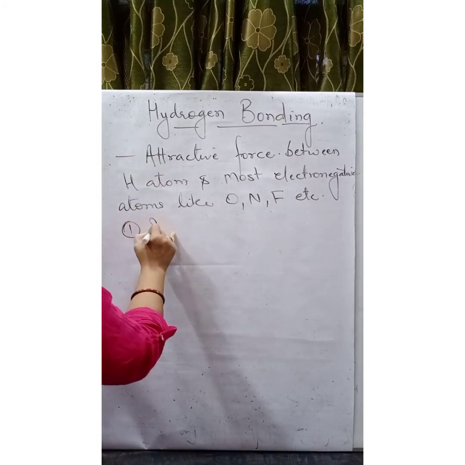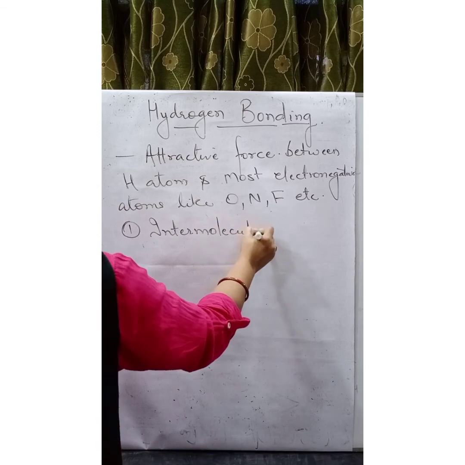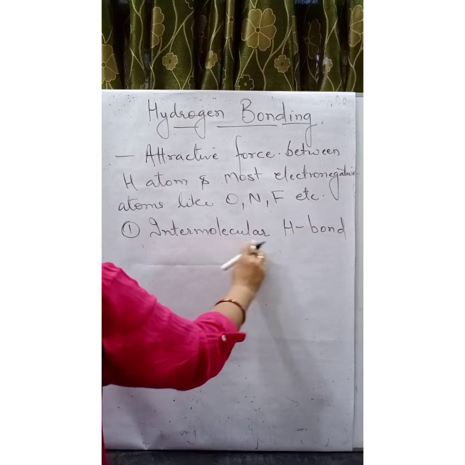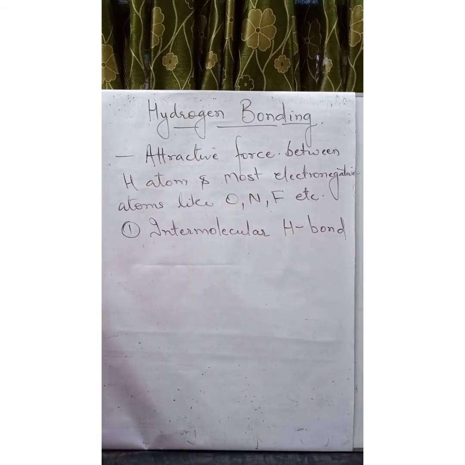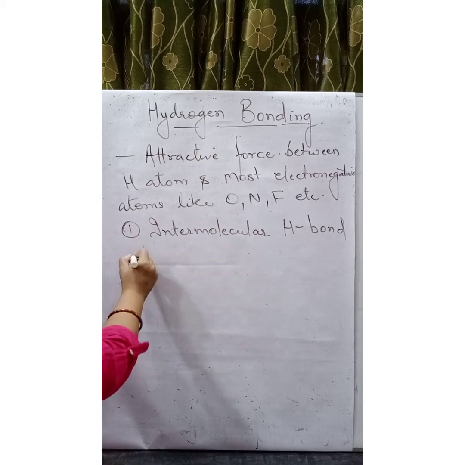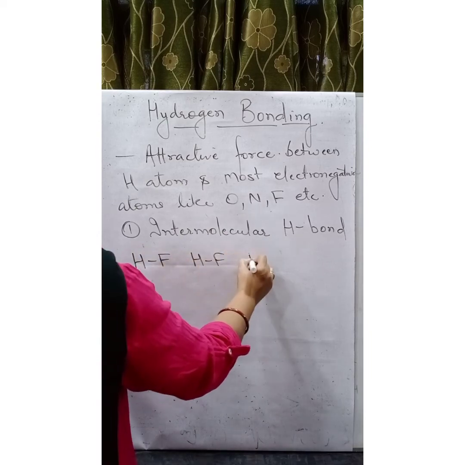One is intermolecular hydrogen bond. Intermolecular hydrogen bond is present between the molecules of same or different compounds. For example, we are having a number of HF molecules.